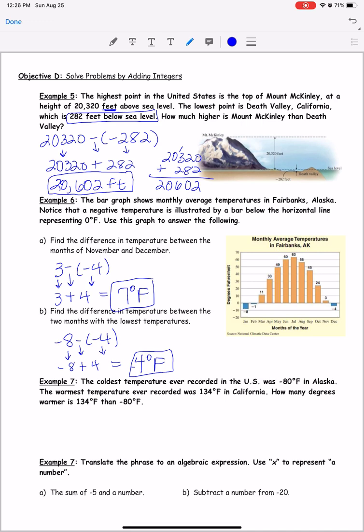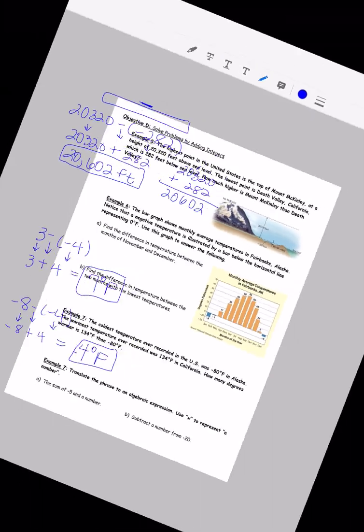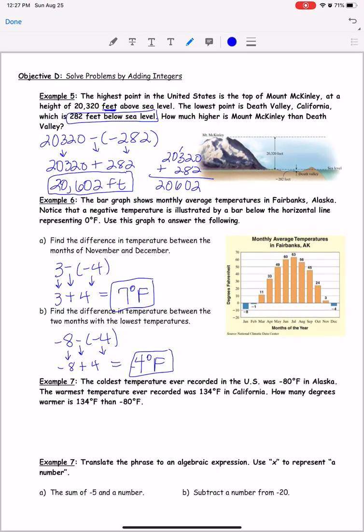Example 7 says the coldest temperature ever recorded in the U.S. was -80 degrees Fahrenheit in Alaska. No, thank you. The warmest temperature ever recorded was 134 degrees Fahrenheit in California. That's still a no, thank you. How many degrees warmer is 134 degrees Fahrenheit than -80 degrees Fahrenheit?